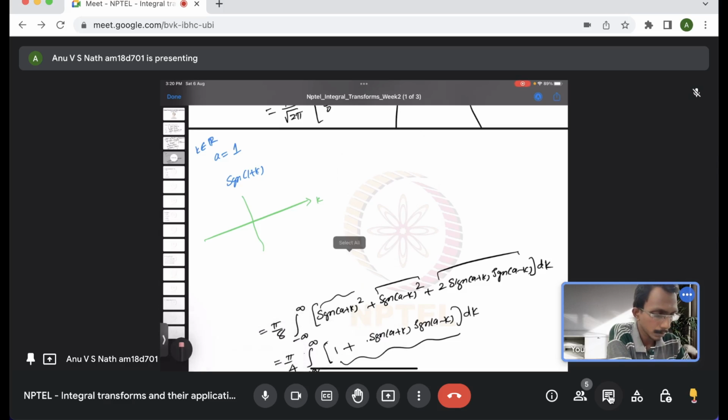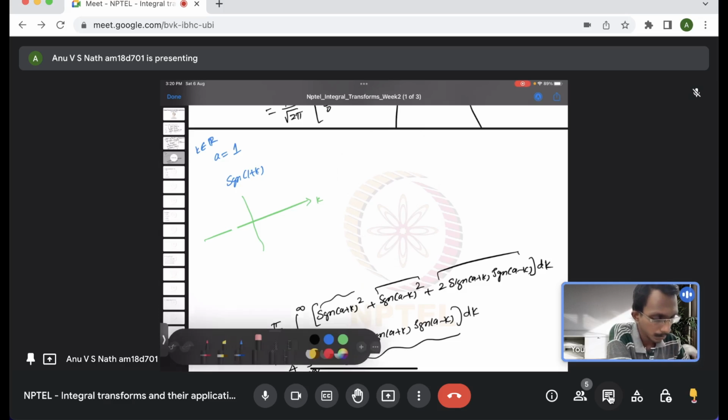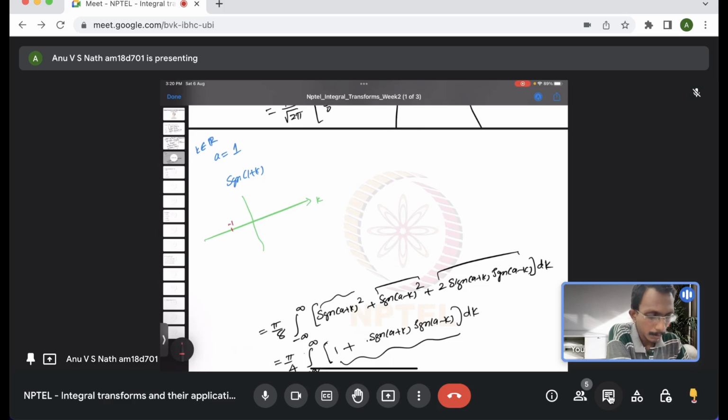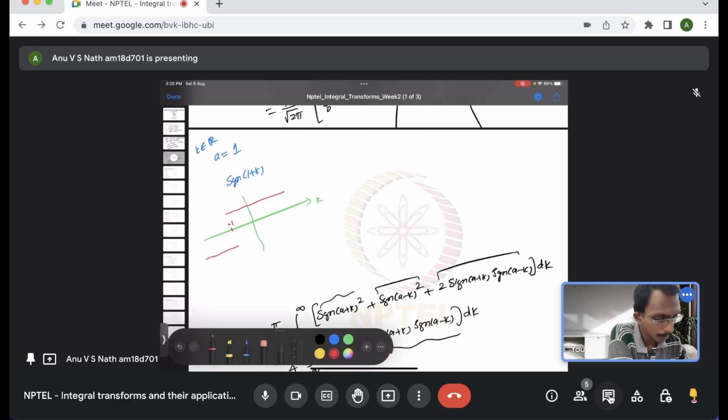Before that, its sign is different, and after k is equal to minus 1, its sign is different. So minus 1 is a point that we need to locate. So let's say this is minus 1. Before that, its value is negative. After that, value is positive. So this is sine of 1 plus k.